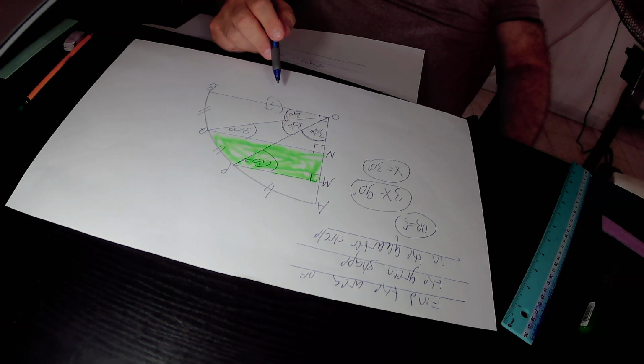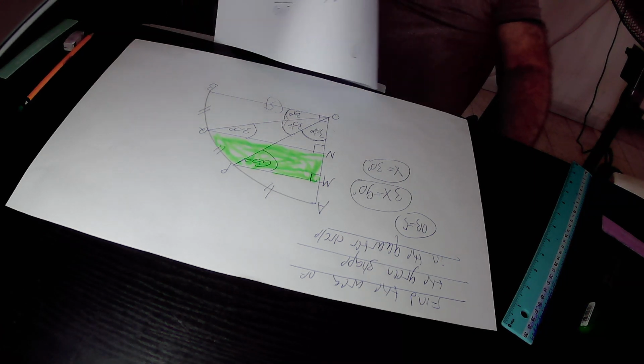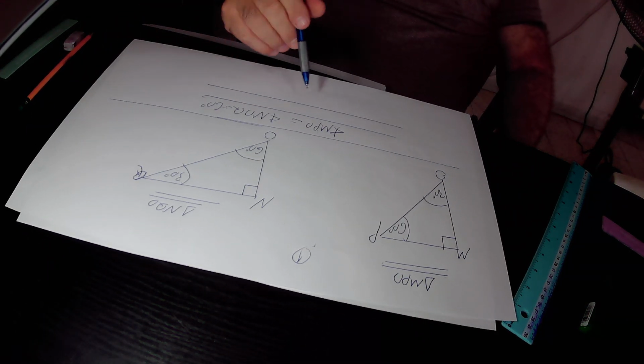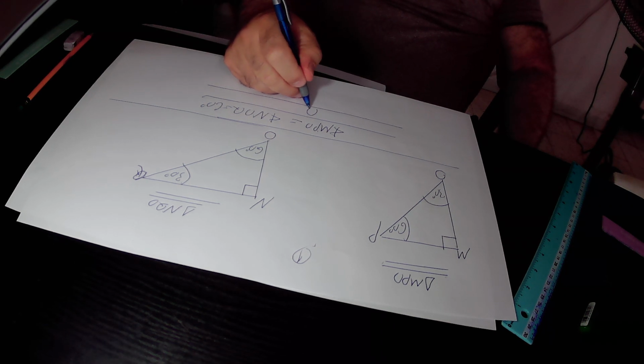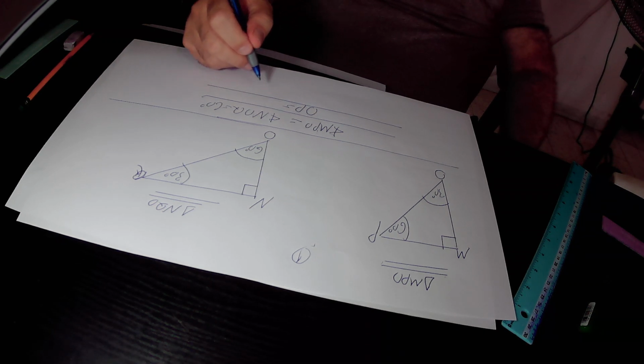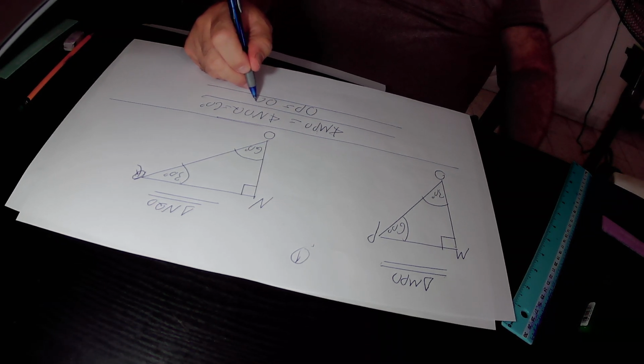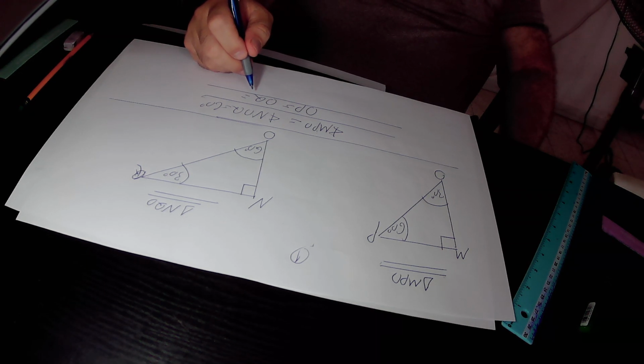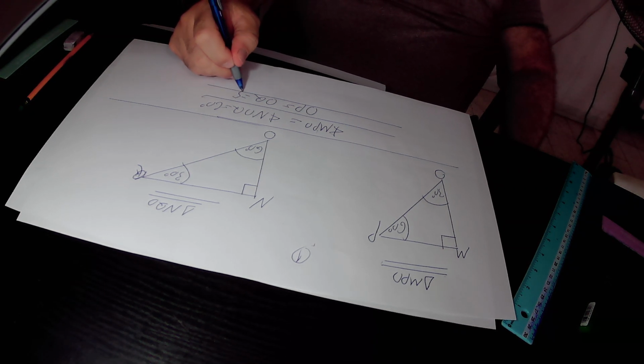So we know that OP in the right triangle MPO equals OQ in the right triangle NQO.